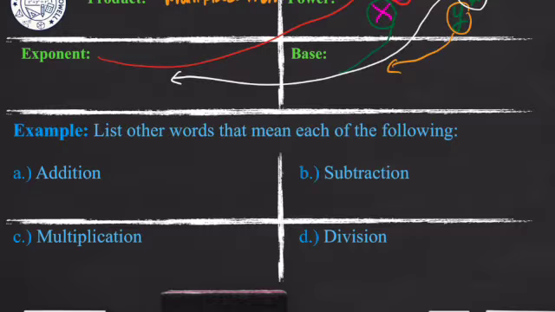We have plus. We could use increased, more than, and total of. So these are all words that mean to add, to put two things together.